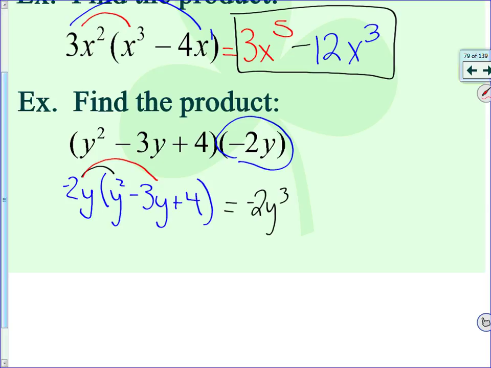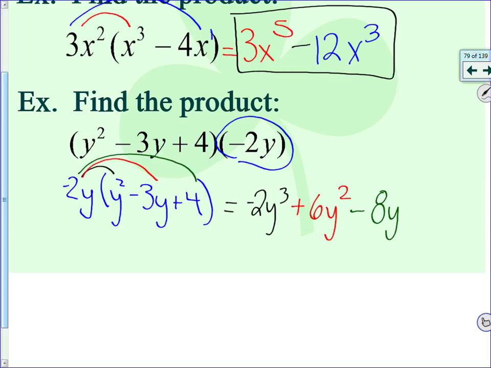Is it a positive or negative? Good. So I'm going to put a plus sign there because it's a positive. And then Davey, on negative 2y times 4? Yeah. And so you can either write plus negative 8y or just minus 8y, but that is the same thing.